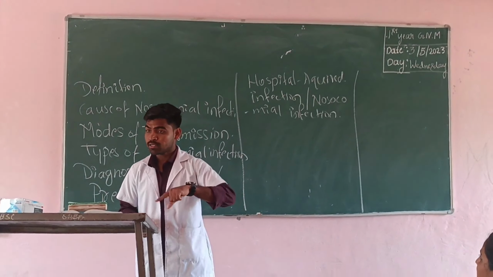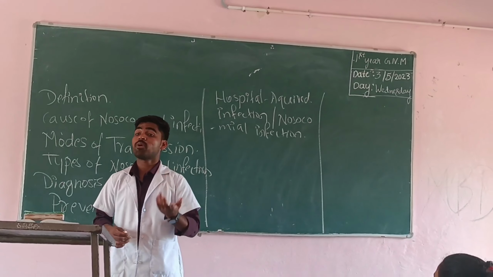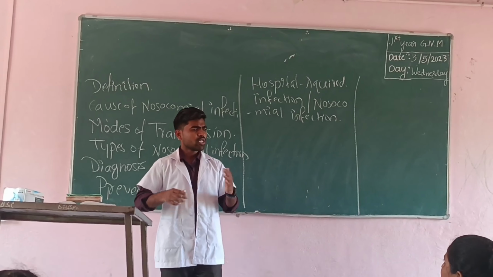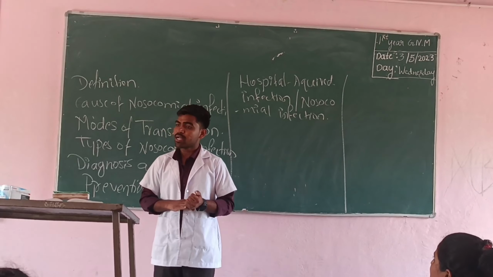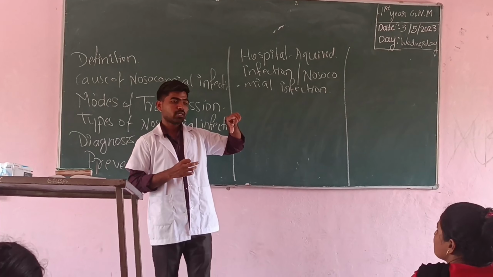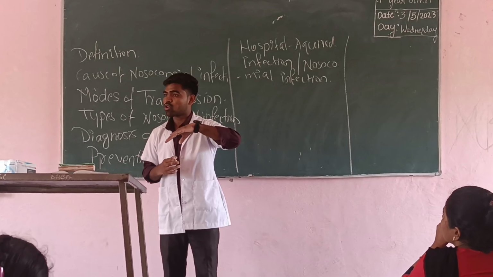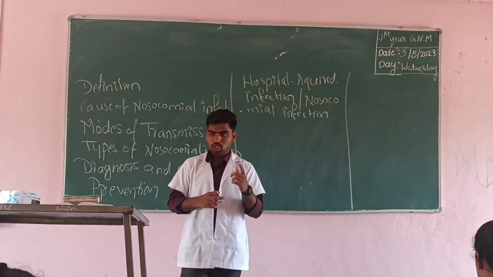It may be a respiratory infection. It may be a common cold. He suffered a second time in the hospital. So what is that? That is a nosocomial infection, the secondary respiratory infection that occurs in the hospital. That we call nosocomial infection.